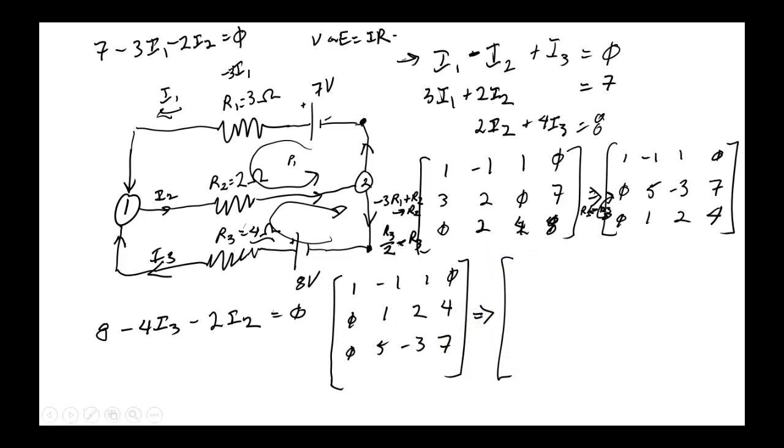What do you want to happen next? Yes, very good. You're going Gauss-Jordan, reduced row echelon form. So how do you get that to happen?